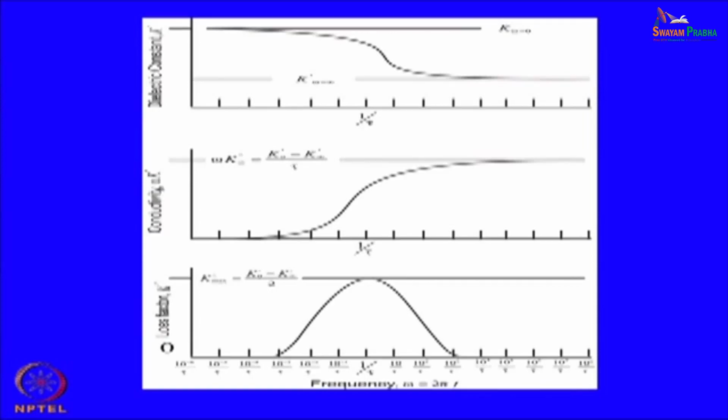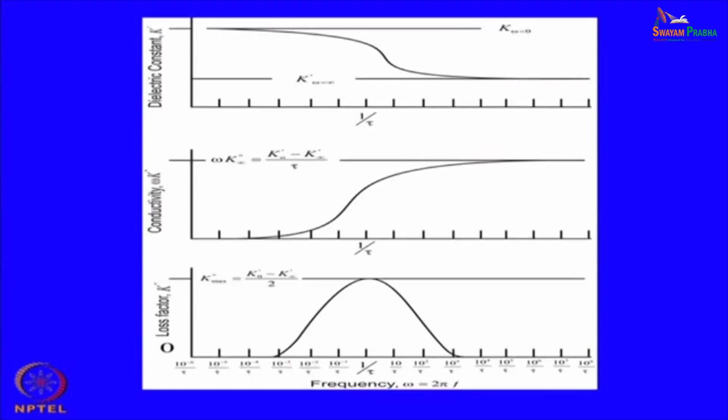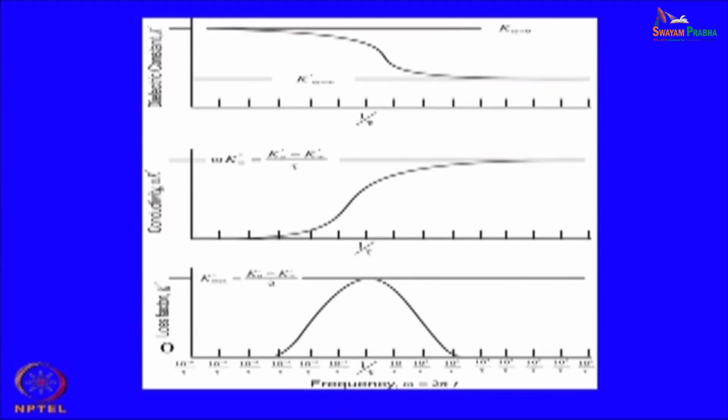Of course, there are applications where we intentionally like to have a higher dielectric loss, because we need heat. For example, in microwave heating we actually need more energy loss from the dielectric; less energy should be stored in the dielectric, whereas more energy will be used up for heating the material.